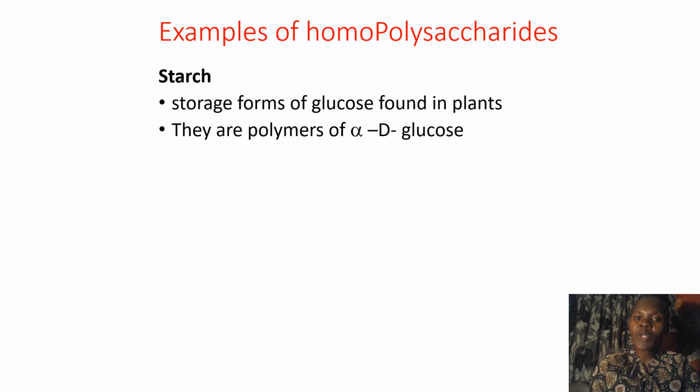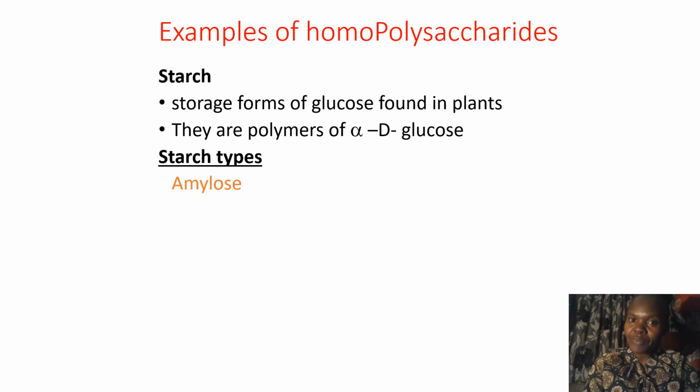The first one which you are most used to is starch. Starch is a form of glucose found in plants. If you talk about starch, the cereals and the tubers are all starch. You talk about rice, and tubers like potatoes and cassava, all those are starch.